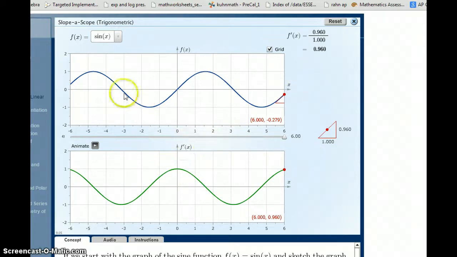F prime, when I take the derivative of sine of x, when I'm calculating the slope of the tangent line at every single point, that value is also forming a wave, and it just happens to be, let's try to find out what this wave is. At 0, it's worth 1, and at pi over 2 is worth 0, and at pi is worth -1.